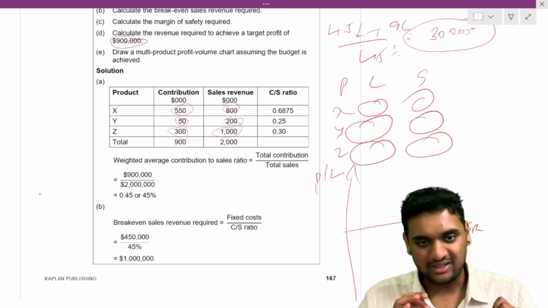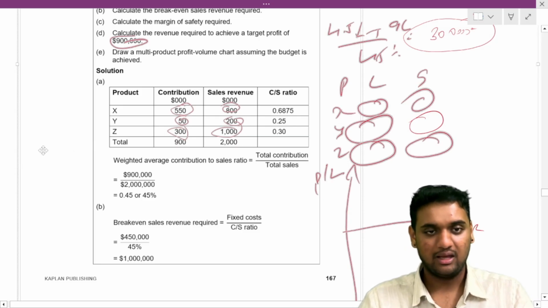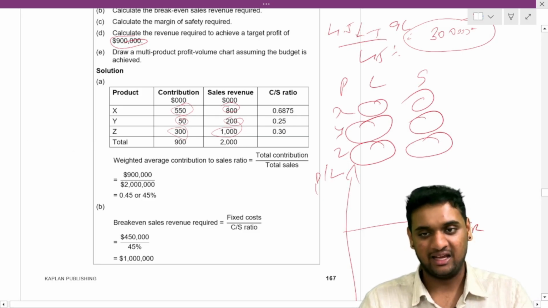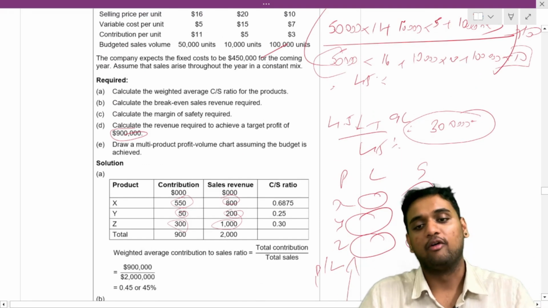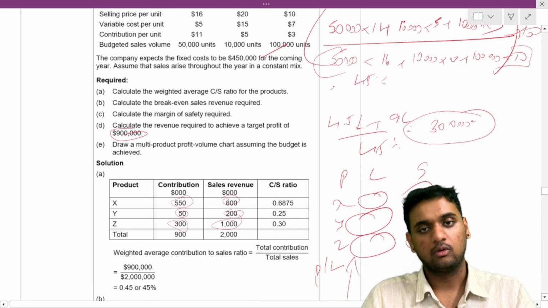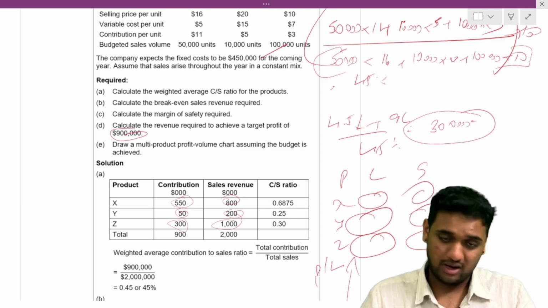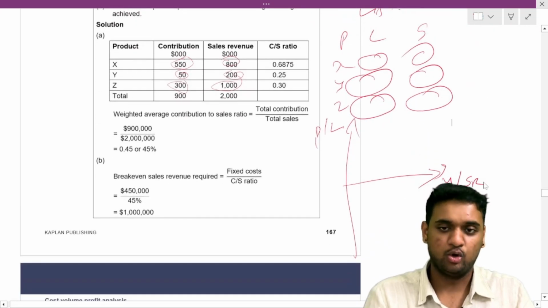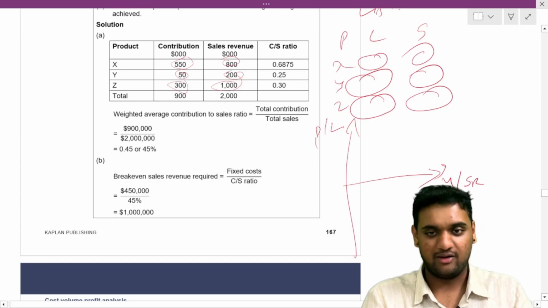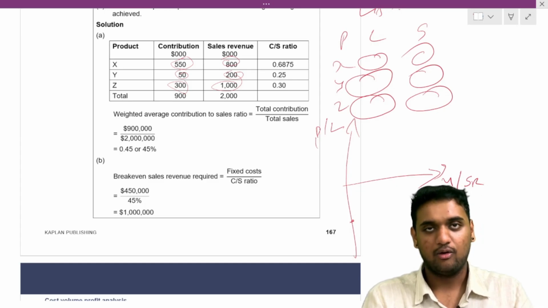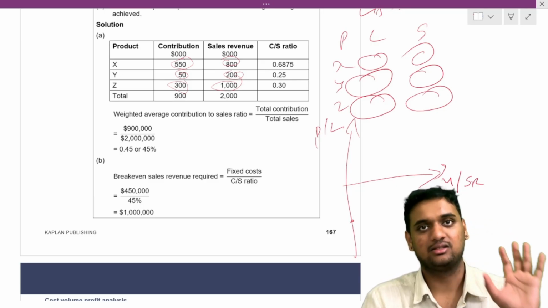If we don't sell anything, look at the question and tell me, what will be your profit or loss? 4,50,000. At 0 units, at 0 sales revenue, our fixed cost will be 4,50,000. That is where the line starts.